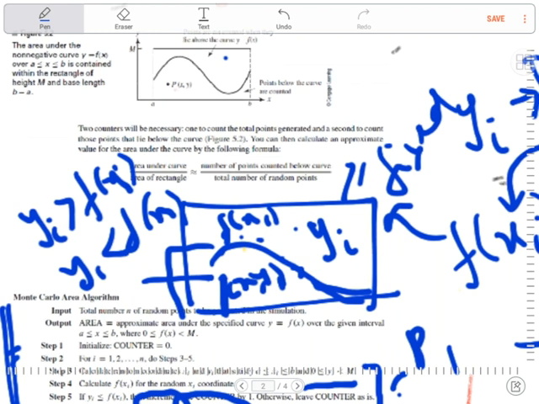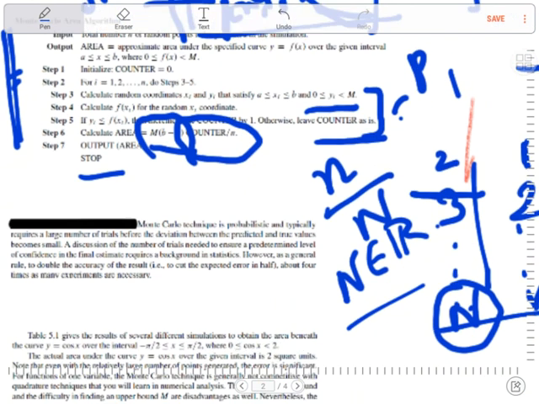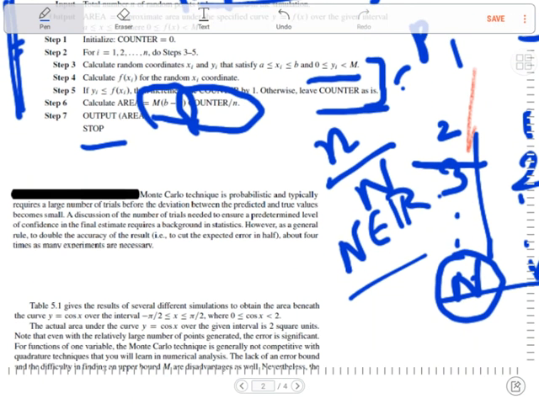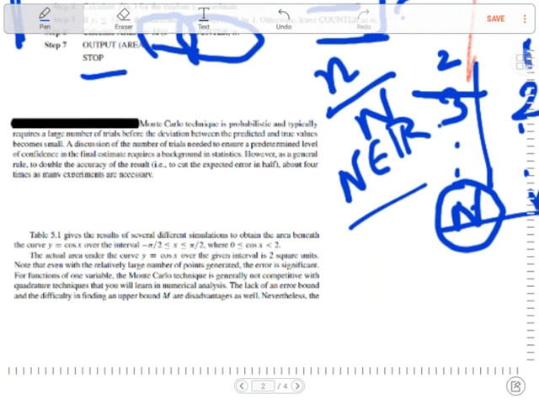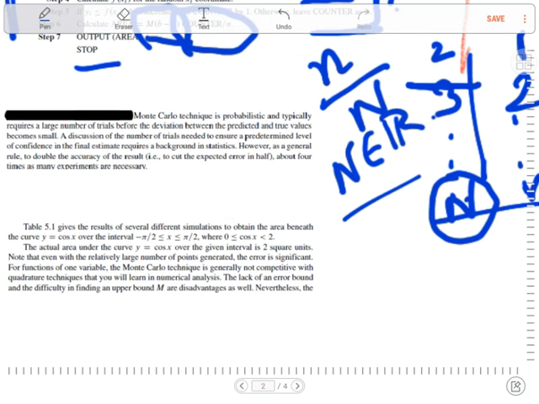Another thing is that the actual area, suppose the curve they are considering is y equal to cos x over the interval x lying between minus pi by 2 to plus pi by 2, and cos x obviously lies between 0 and 2, though it should be taken as 1; whatever, they are taking it to be 0 to strictly less than 2.